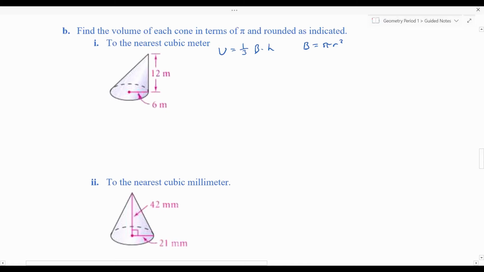They do tell us the radius, so we don't have to do anything fancy to get the radius. So we have pi, radius is 6 squared, so the area is going to be 36 pi. Alright, the area is 36 pi meters, by the way.